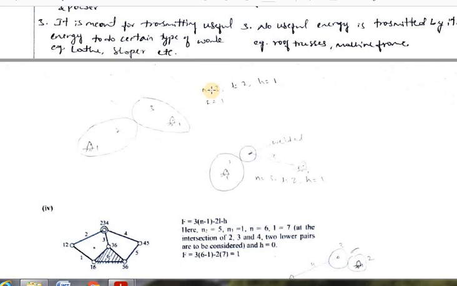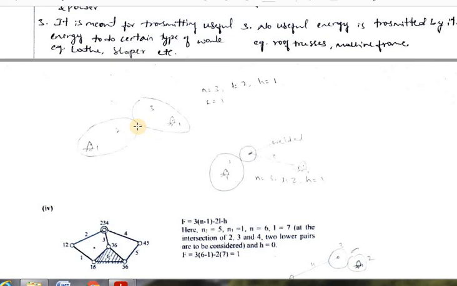Next we need to find the number of lower pairs. Here 1 and 2 are connected, that is one lower pair. 1 and 3 are connected over here, that is one more lower pair. So the number of lower pairs is 2, so l is equal to 2. And between 2 and 3 there is a point contact.